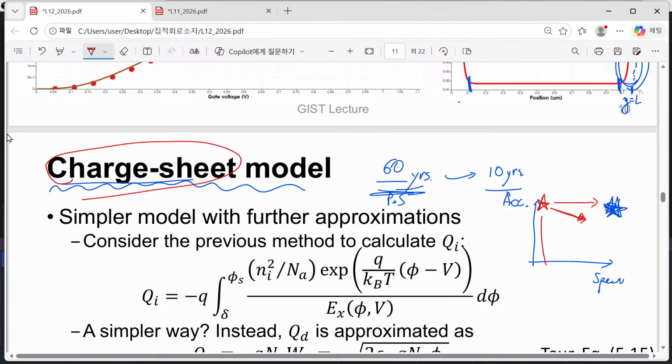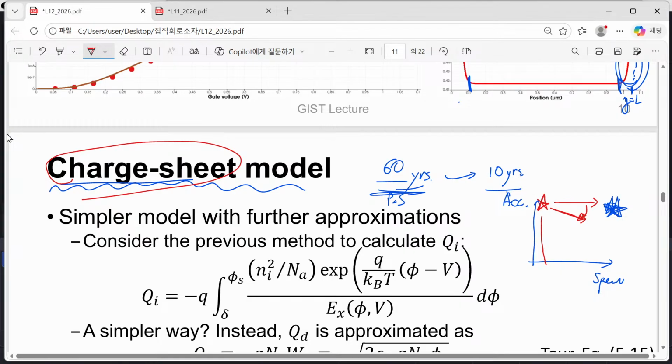Then who decides whether this degradation is acceptable or not? For example, 10% error, is it acceptable or not? I cannot give you a general rule for determining which model is acceptable or not, but there are many users of those models, and when they feel that okay, I can live with these models and I can design my circuit with these models, then that is acceptable.